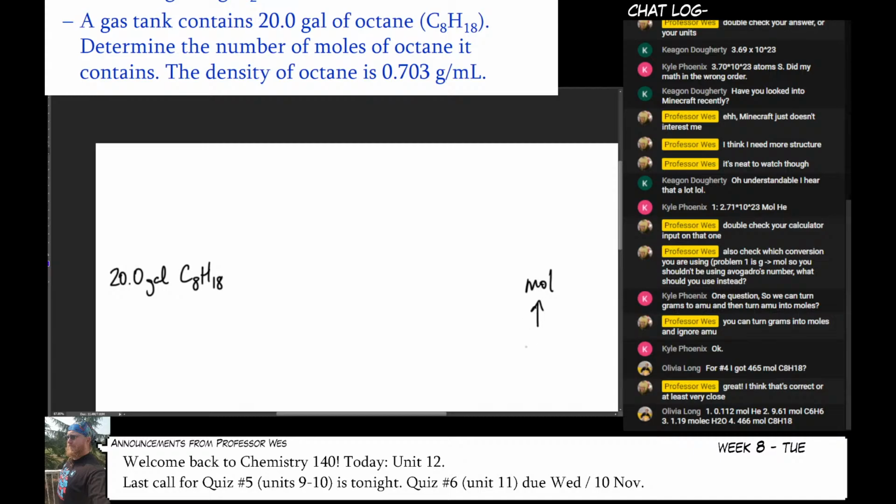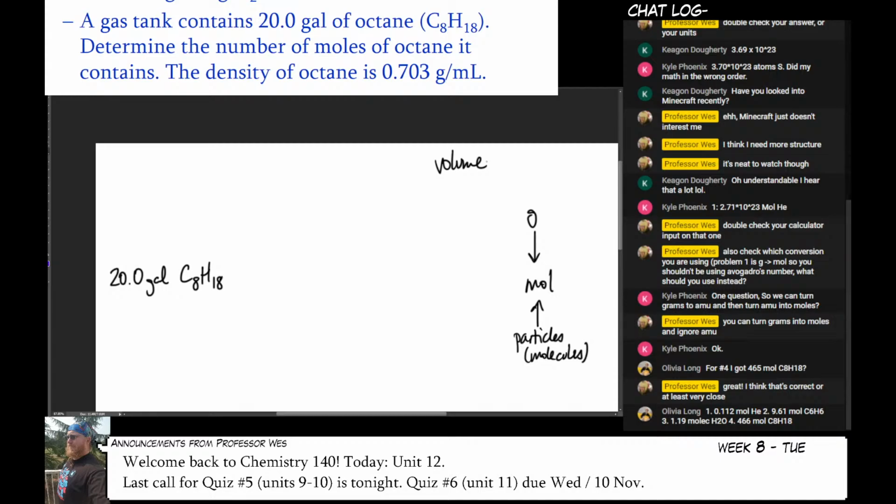I can go from the number of particles, which would be like atoms or molecules or whatever. So in this case, it's molecules. Or I could do grams. We cannot do volume to moles. There's no relationship yet. We haven't figured one out.